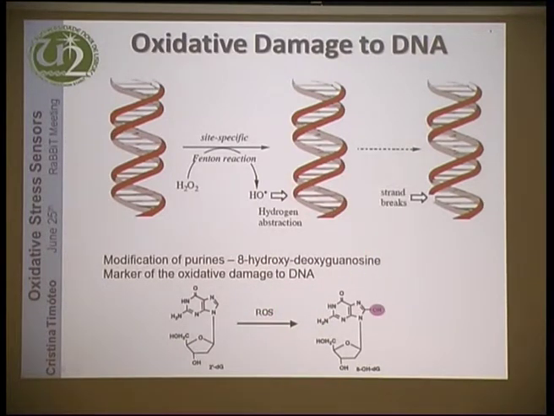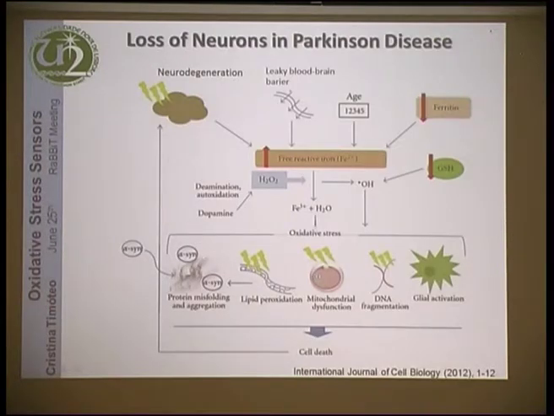Hydroxyl is the major species that causes DNA damage, as you know. But not only DNA damage, but also protein damage and lipid peroxidation, which are also major factors in affecting our organism and producing diseases. So I have here an example of Parkinson's disease.